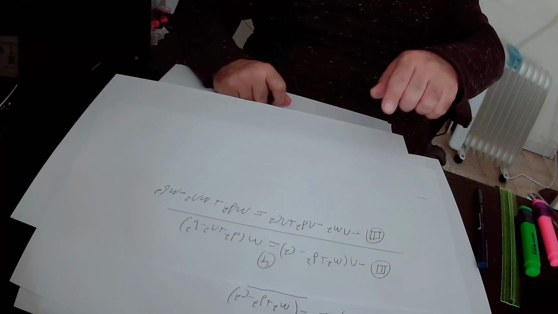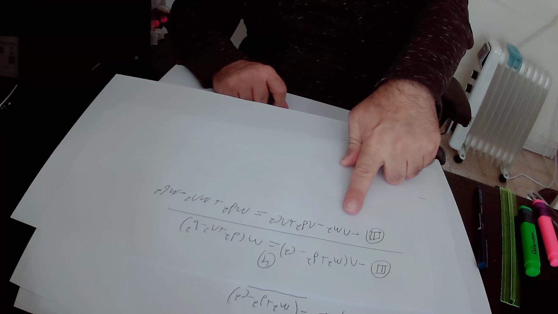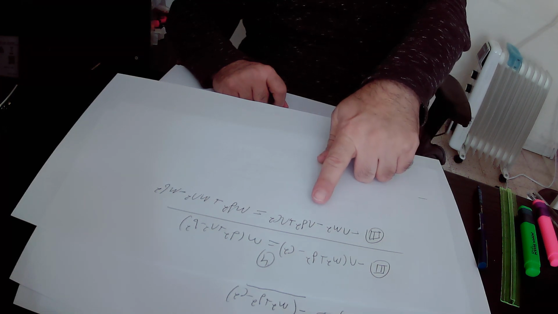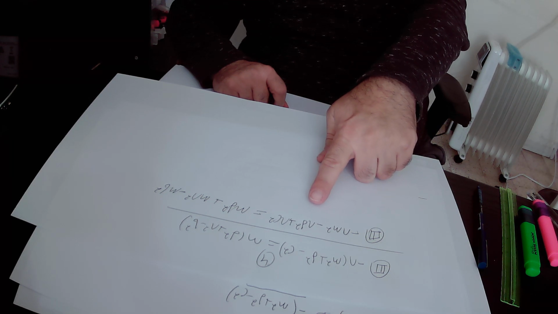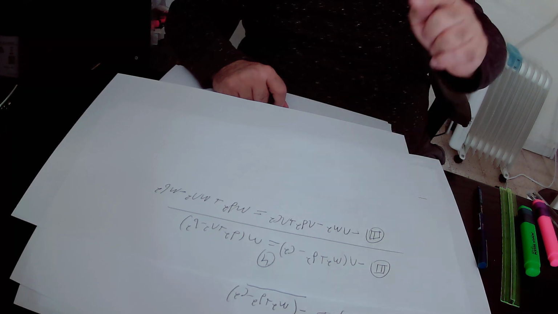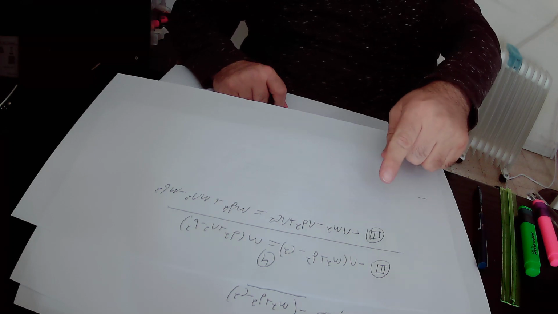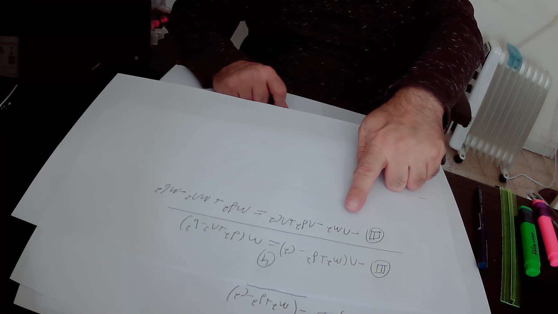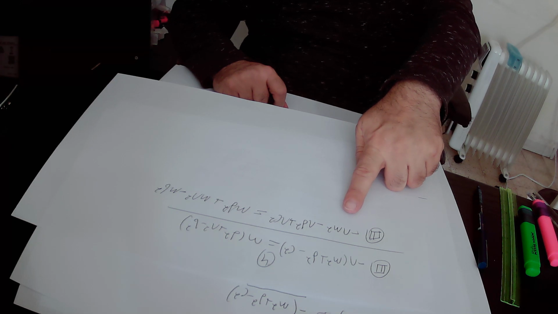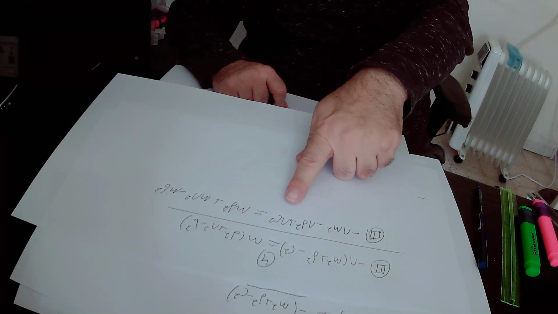Okay, in the next step we will add nm squared and also nd squared to this equation, and we'll subtract nc squared from this equation and equation number 1. So in this side of the equation we are left with nothing. Why? Because we added nm squared and also nd squared to this equation, and we subtracted nc squared.